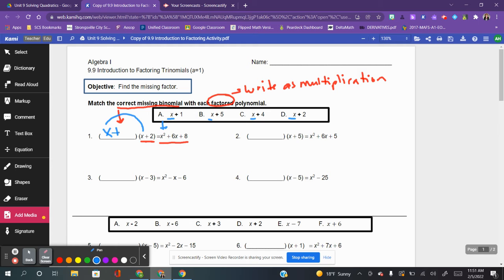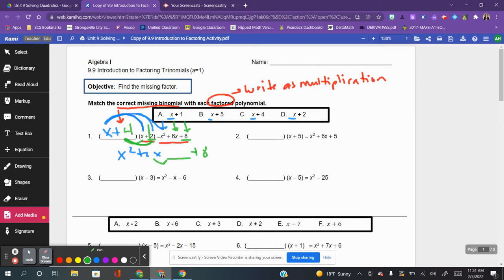So to recall, in order to multiply, I say x times x is x squared, and x times 2 is 2x. And now I've got to go and figure out what times x and what times 2. And I know that my two middle terms here should add up to 6, and that my constant, some number times 2, should give me 8. So I'm going to stick with that. 2 times what gives me 8?